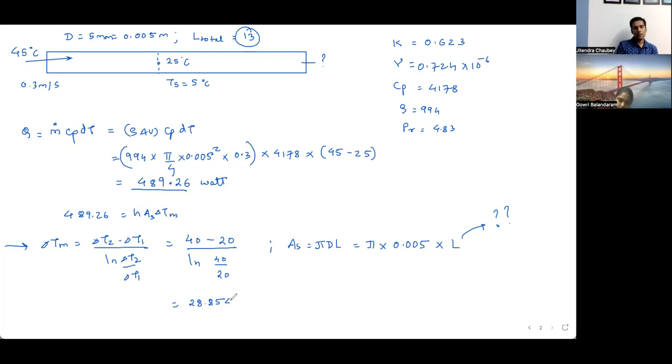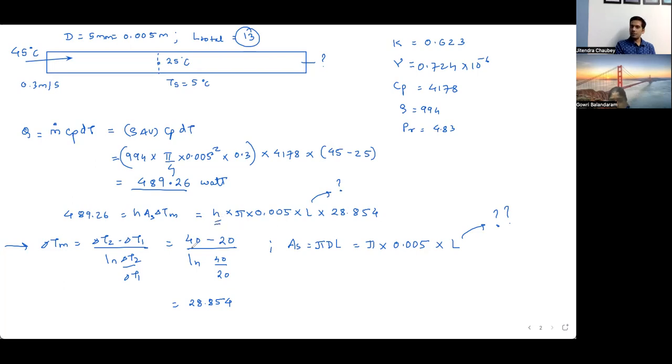Okay, 39 can be taken as 4. See, now we have got delta T mean. Now if we substitute over here, this will look like h into pi into 0.005 into L into 28.854. This is the main required answer of this question.